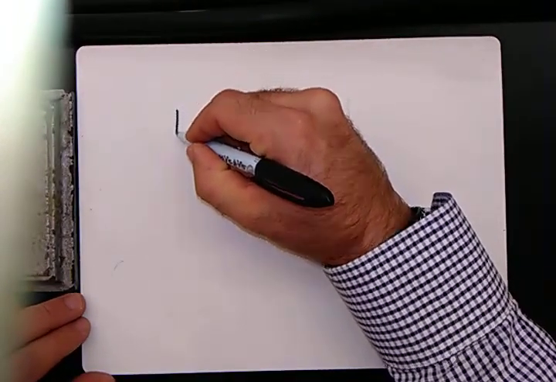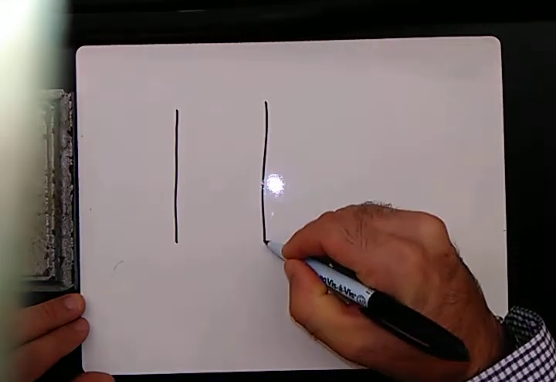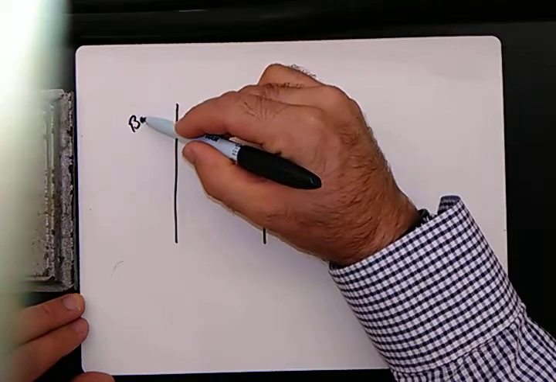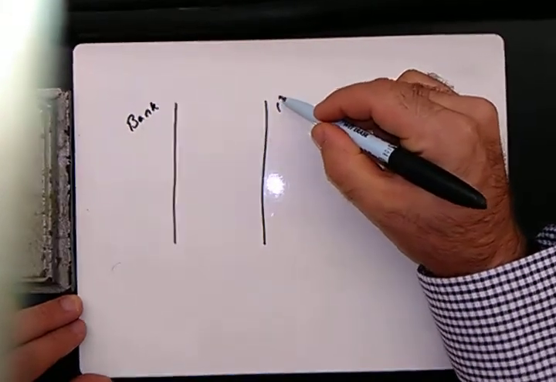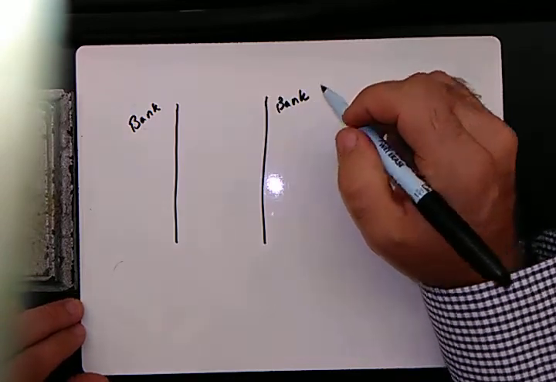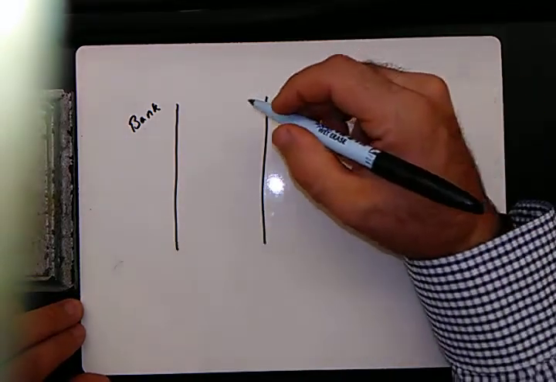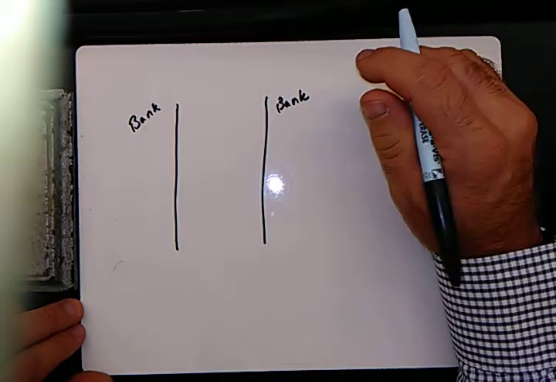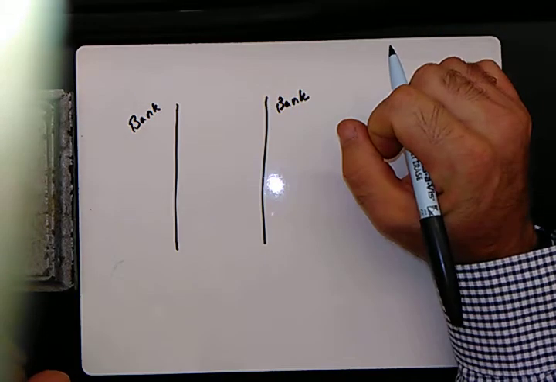And we're going to draw another river. Okay, here's the river. There's a bank on this side, and then a bank on this side. Okay, so now we're going to take a peek at two dimensions. Don't let it confuse you.